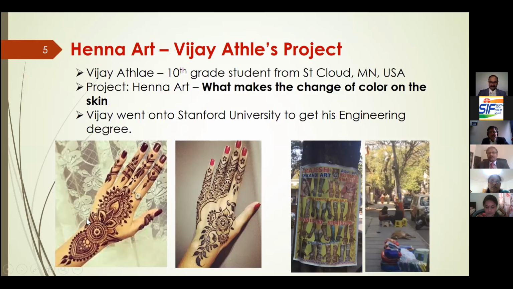Quickly, Vijay asked me, Professor, do you know what makes that color come? I think that is where that curiosity started for him. Instead of giving him an experiment that we were doing in the lab, I told him, maybe you should investigate what exactly makes that color.